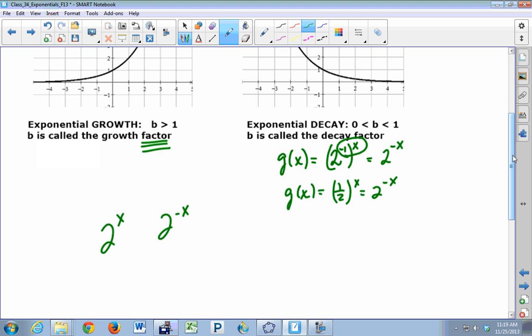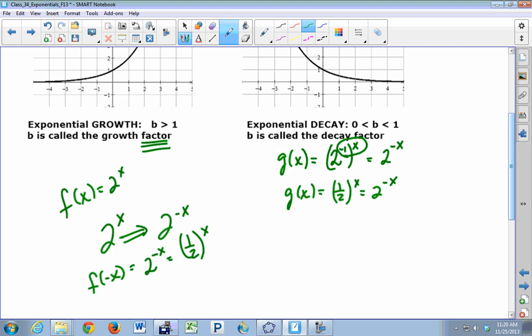Well, to get from here to here, I would put negative x in for my input. So my function f of x is 2 to the x. When I put in the opposite of x, I get this, which is 1/2 to the x.